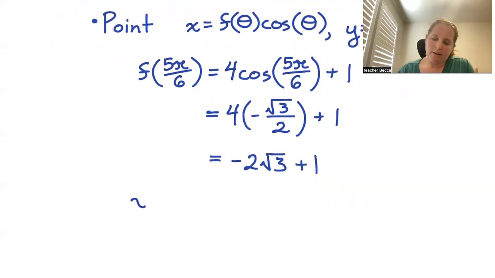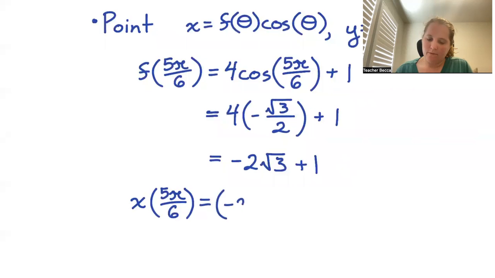This means that x of 5 pi over 6 should be equal to negative 2 root 3 plus 1 times cosine of 5 pi over 6.